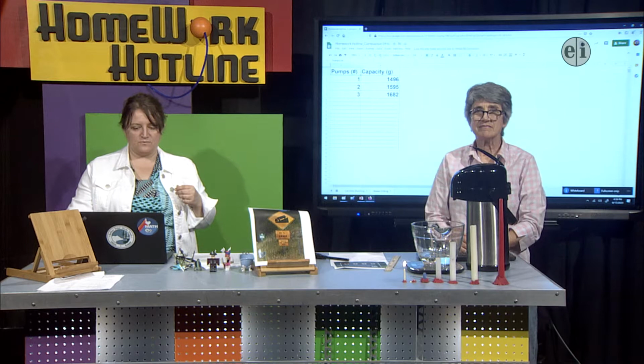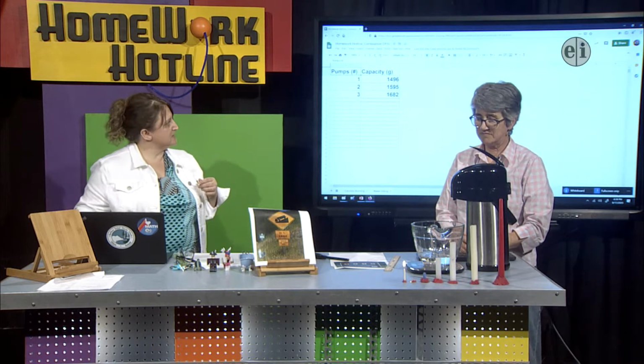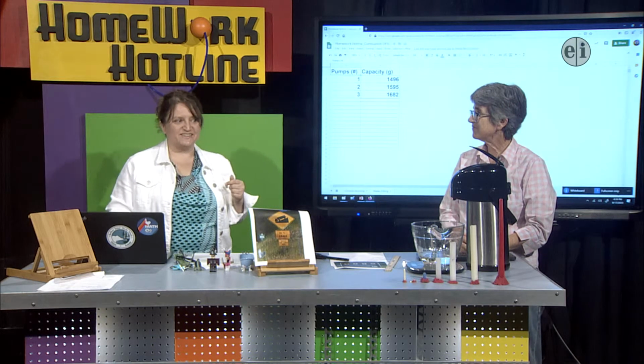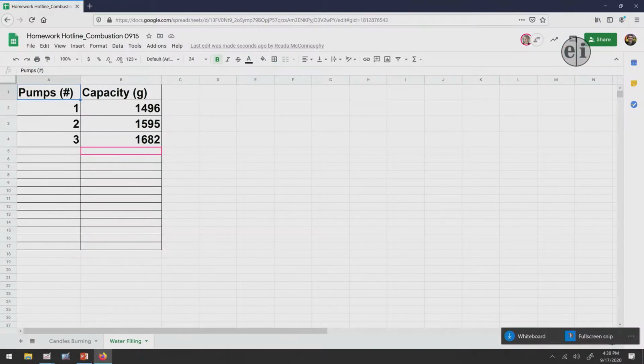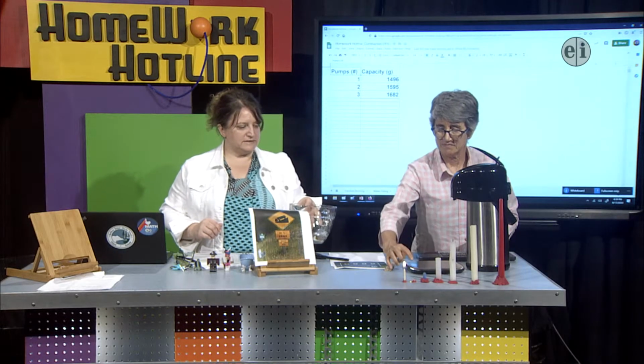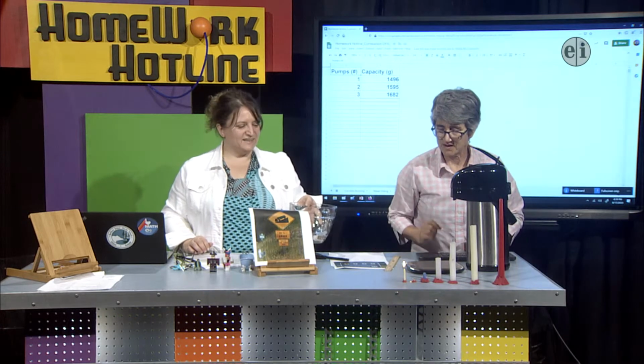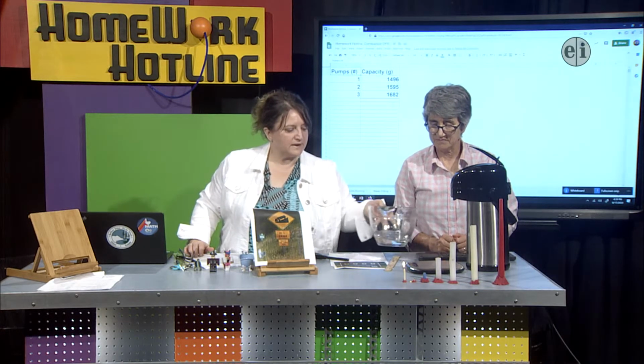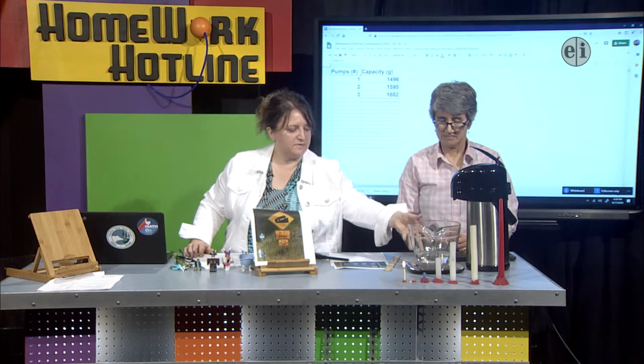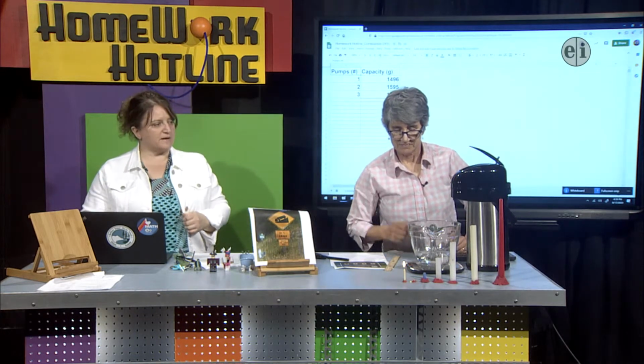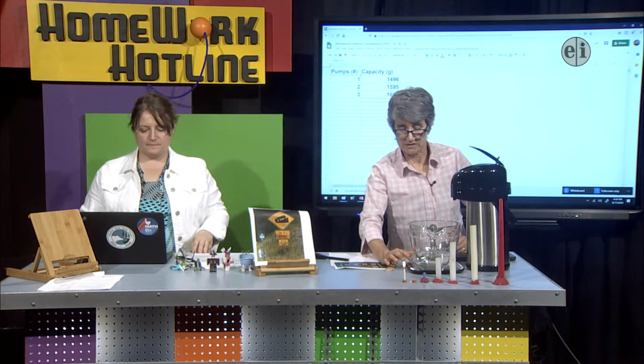We had 1,682 grams after 3 pumps of water. So we're going to turn on our scale. We found out that we need to do that. Scale is on, and then put our bowl of water back on. Then it says it's ounces, and I want to change that.